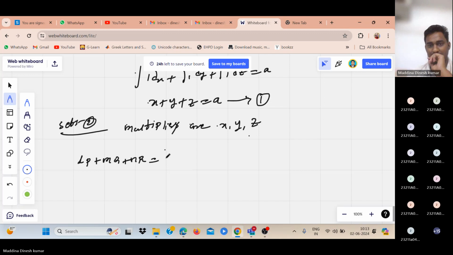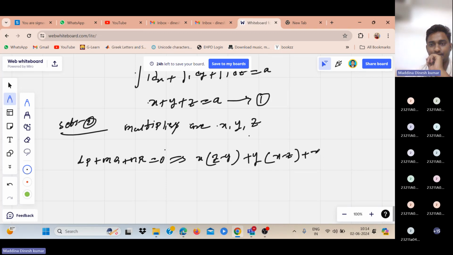That is L means x into capital P means z minus y, plus M means y and Q means x minus z, plus N means z and R means y minus x.